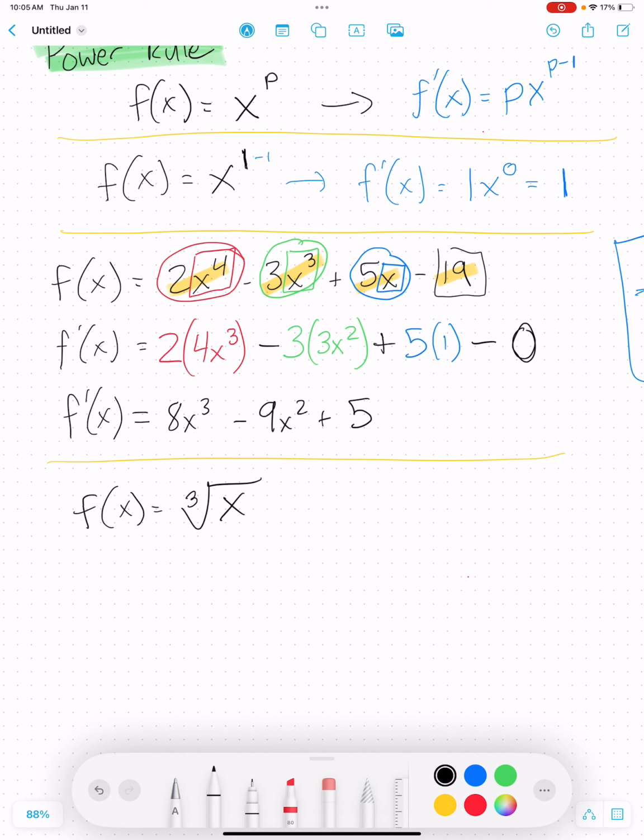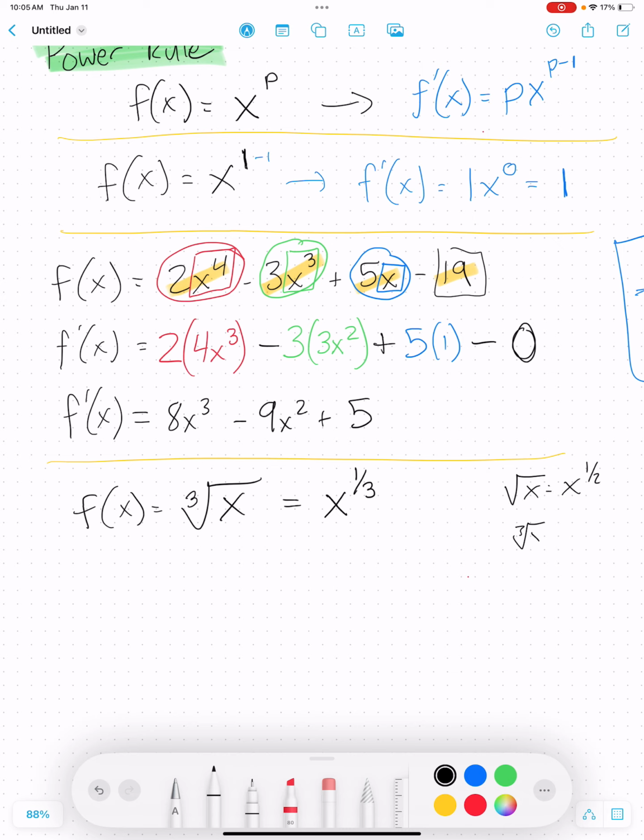Well, anytime you see a root, you can actually write roots as power functions. I can rewrite this as x to the 1/3. Okay, so a cube root, so a square root is x to the 1/2.